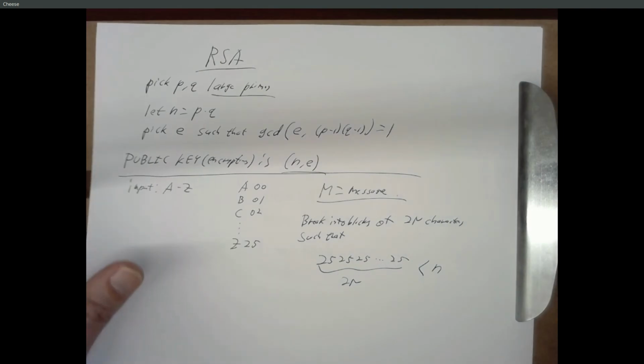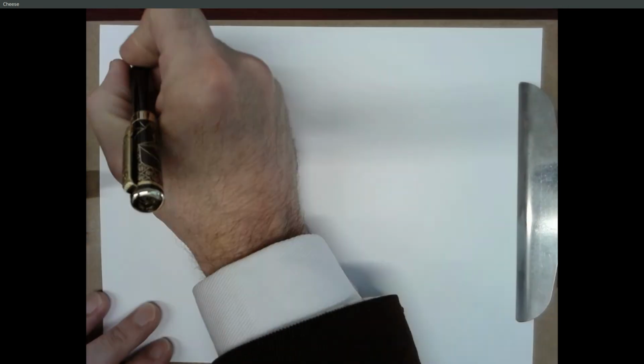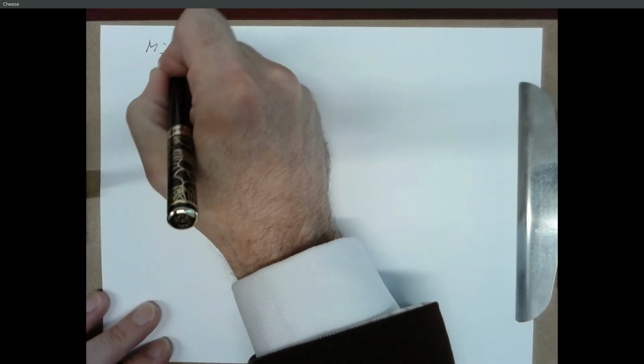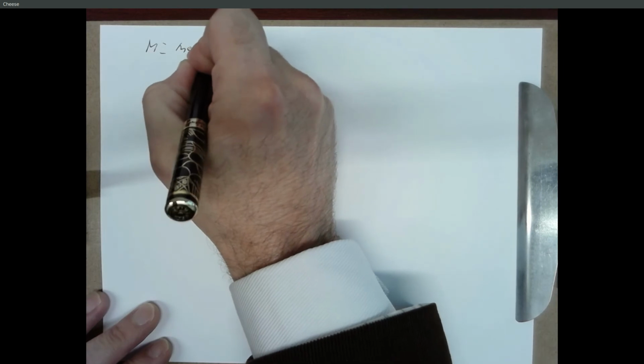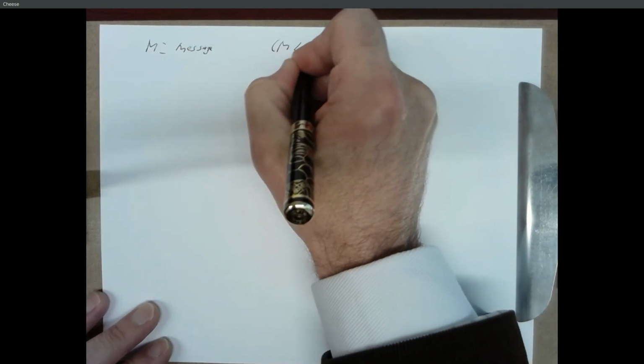All right, so we're going to break your message into these pieces. So M equals a message, and let's assume M is less than n, so it's a piece of that block size.